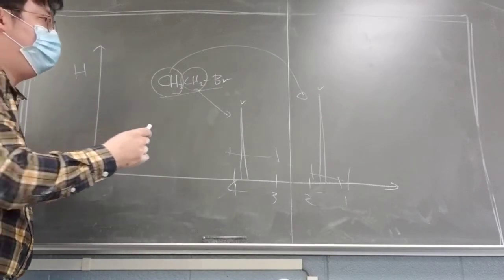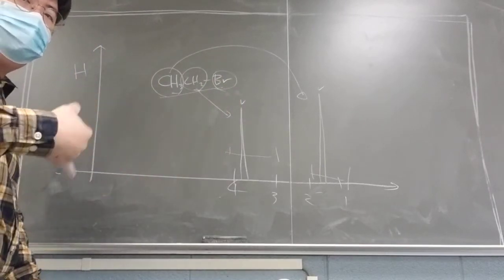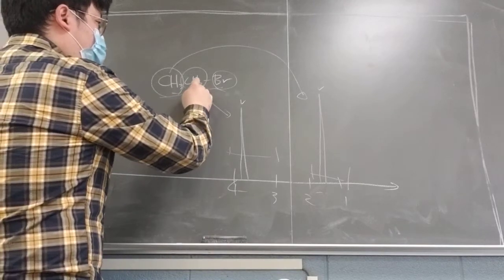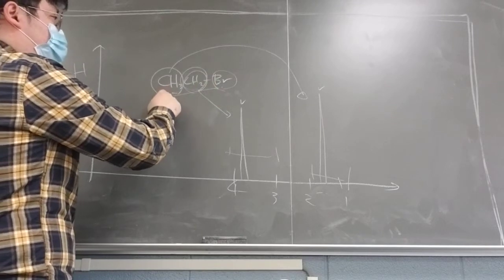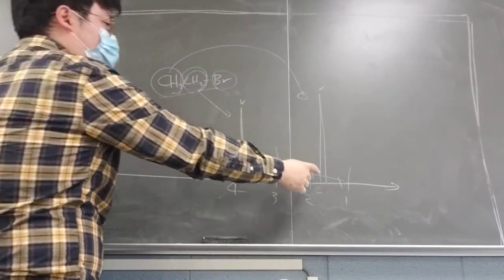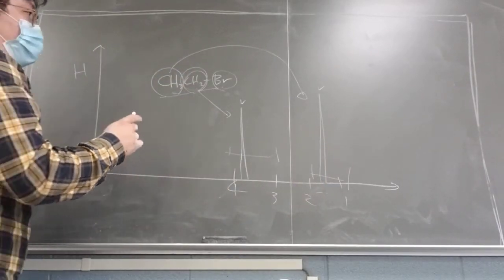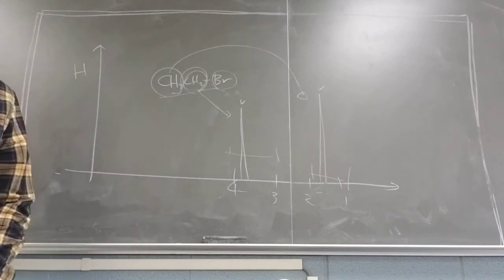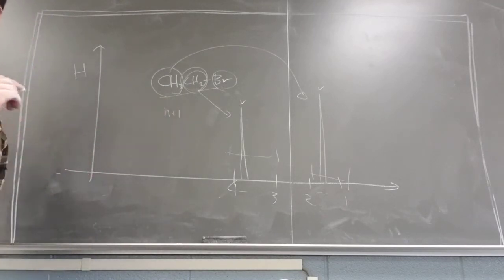It kind of makes sense that the bromine will withdraw a lot of electron density toward itself, so those protons will be more deshielded. And this is one carbon further away than this one, so it'll be more on the right side, which is more shielded with electrons. Okay? So if that is the case, I hope you guys remember the n+1 rule. You guys remember this one, right? You guys remember this n+1 rule?